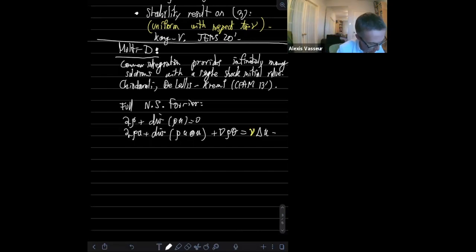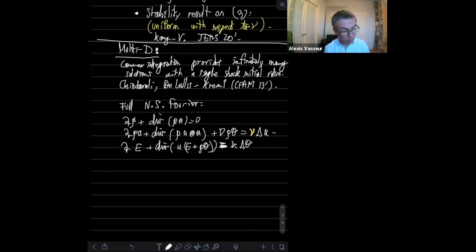And on top of it, we consider the energy. So let me put the total energy E, plus divergence of u times (E plus p), where p is rho theta, equal to kappa Laplacian theta. So this is the Fourier part, right?